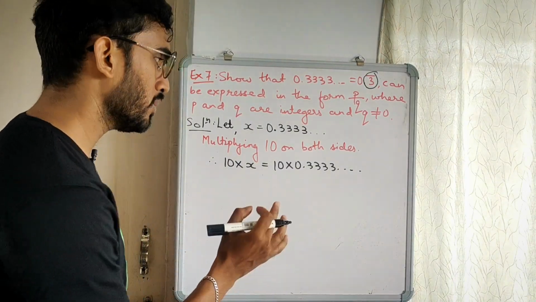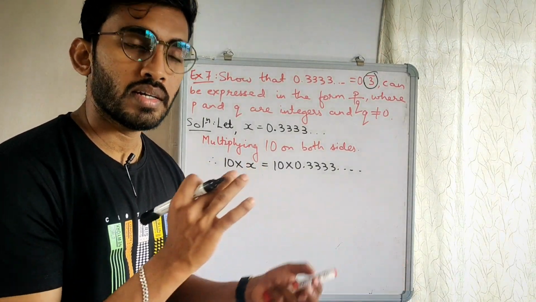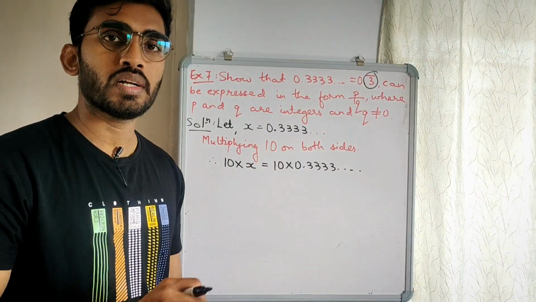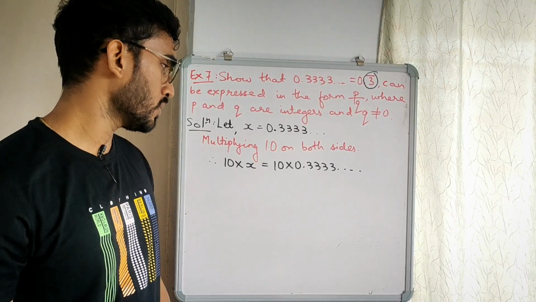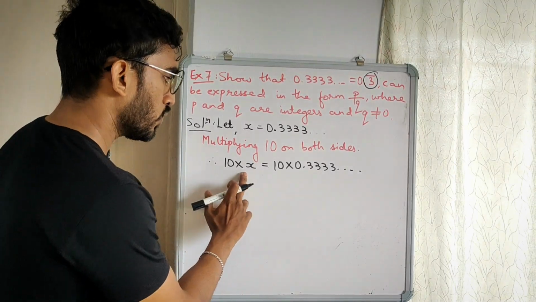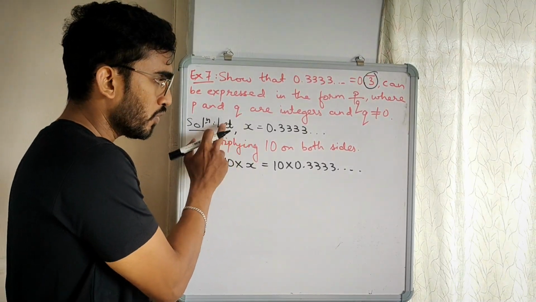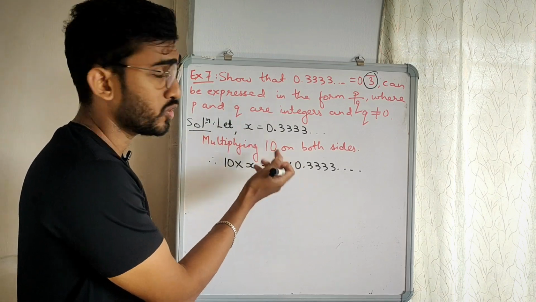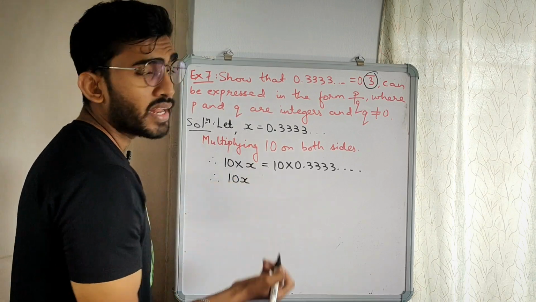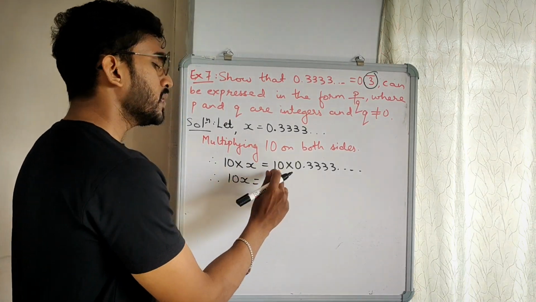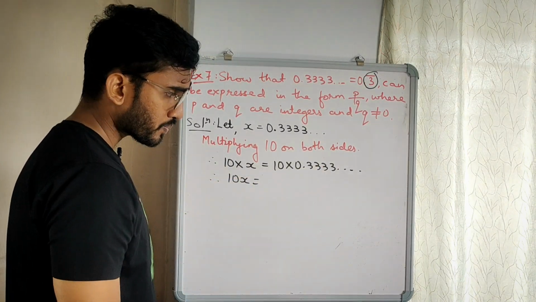That is why I am going slowly, so that it is understood by everyone watching. What I did here is multiply 10 before x and 10 before 0.3333. This became 10x, and 10 into 0.3333.